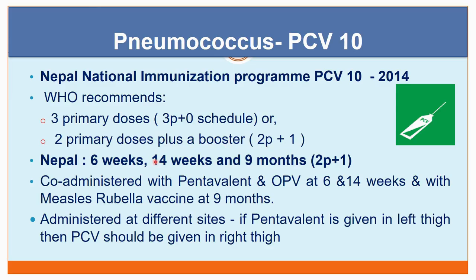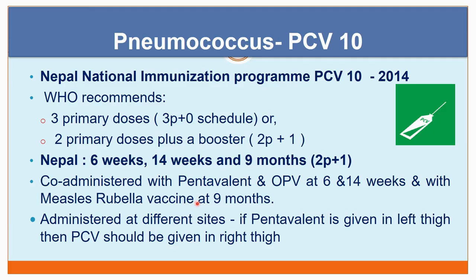So in Nepal we practice 2P plus 1. Here it is given at 6 weeks age, 14 weeks age, and then booster at 9 months. And this vaccine is co-administered with the pentavalent and OPV at 6 and 14 weeks, and with Measles-Rubella vaccine at 9 months.